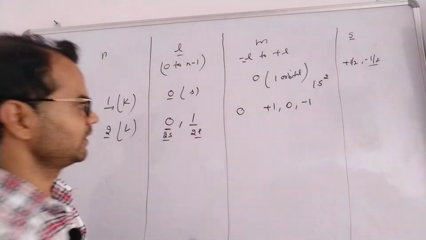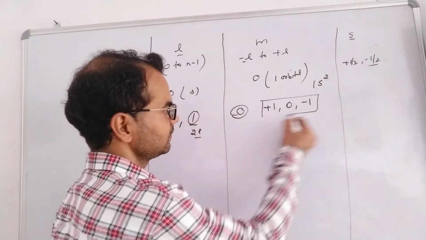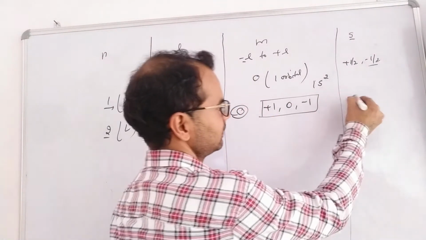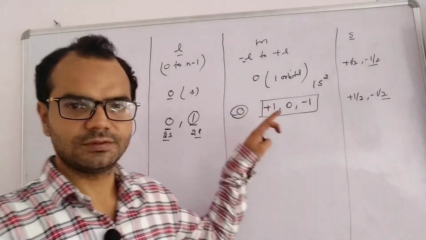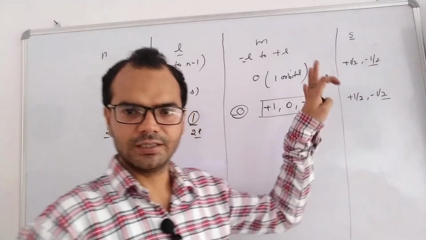The s has one orbital, and their spin will be positive half and negative half. So half of the electrons will rotate clockwise, half of the electrons will rotate anti-clockwise.